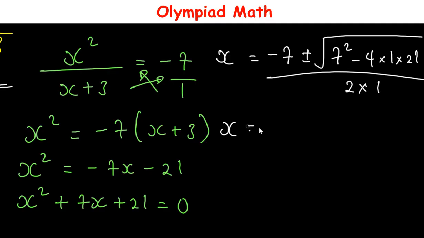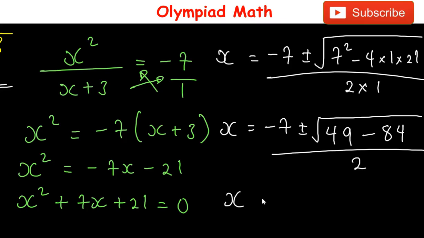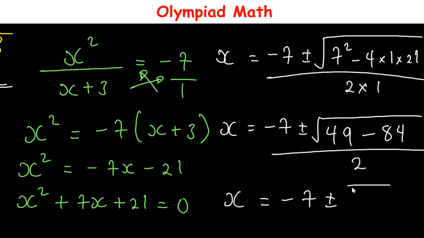Next, x is equal to minus 7 plus or minus the square root of 7 squared is 49 minus 4 times 1 times 21 minus 84 divided by 2 times 1 is 2. So x is then equal to minus 7 plus or minus the square root of 49 minus 84, minus 35, divided by 2.